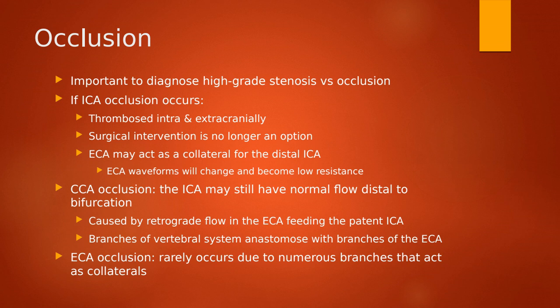Now, if our carotid is occluded, we may still have normal flow in the ICA distal to the bifurcation because we're getting flow from the opposite side. So we really use both sides of our cerebrovascular circulation to our benefit.